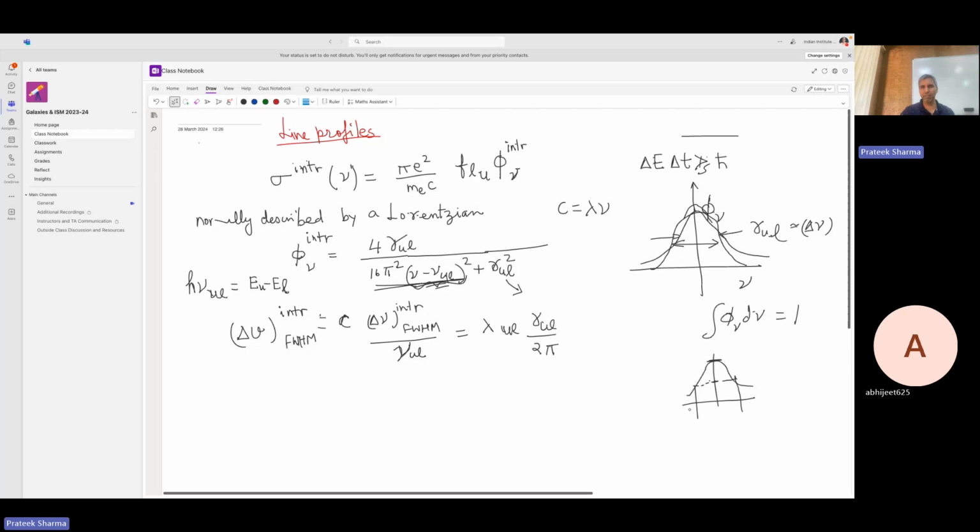This is the FWHM, the full width at half maximum. At nu equals nu UL, this will just be 4 by gamma UL. But we want it to be half of the maximum, so that would be 2 by gamma UL. That just means that this term and this term are equal, and you can do the maths. Simple.